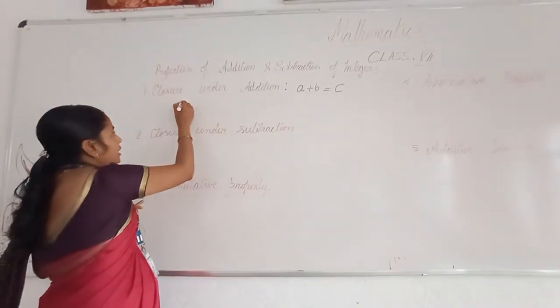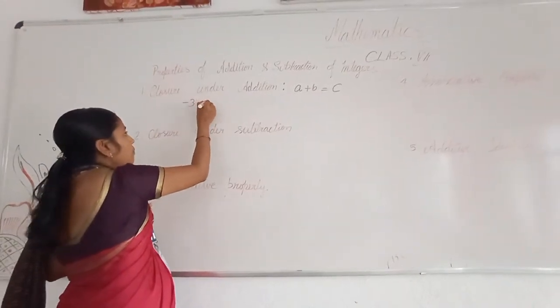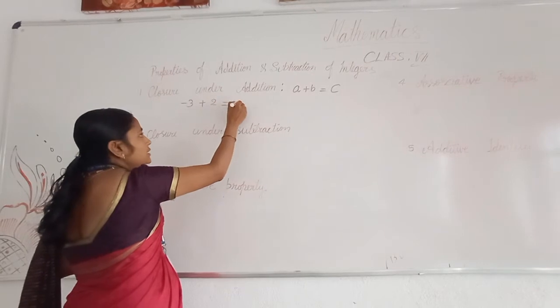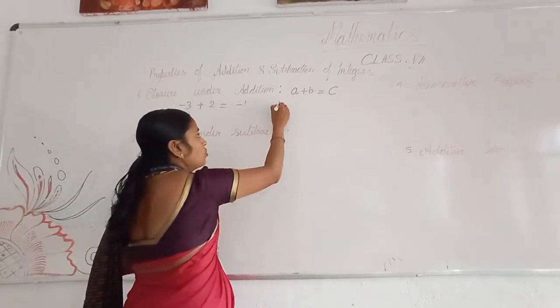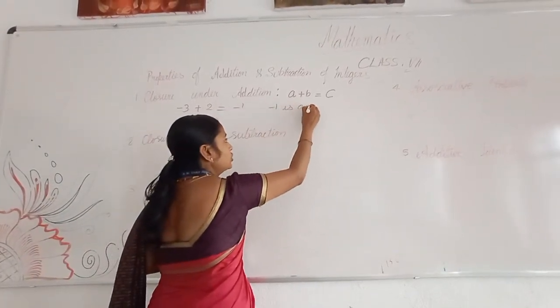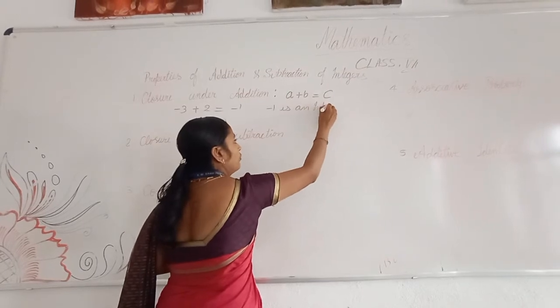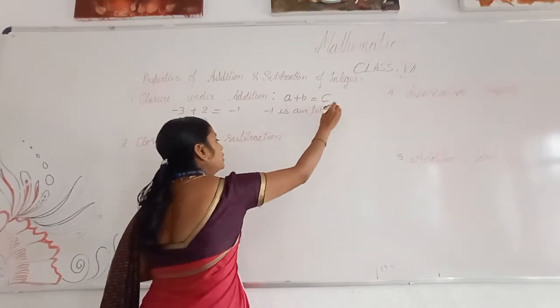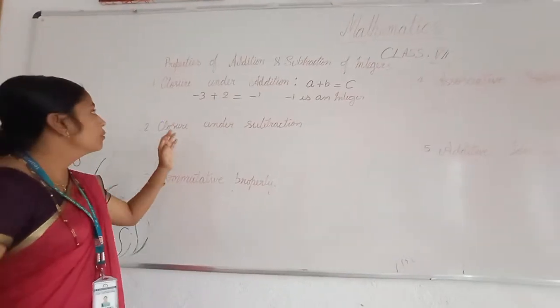If you take minus 3 plus 2, the answer is minus 1. Minus 1 is an integer. So it comes under closure property.